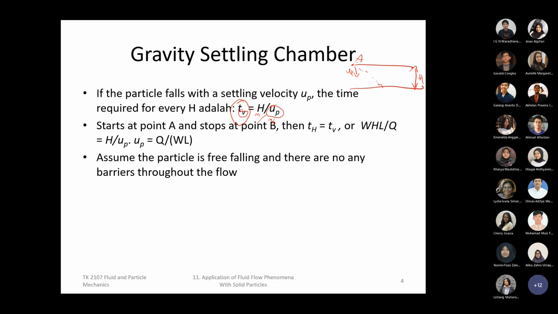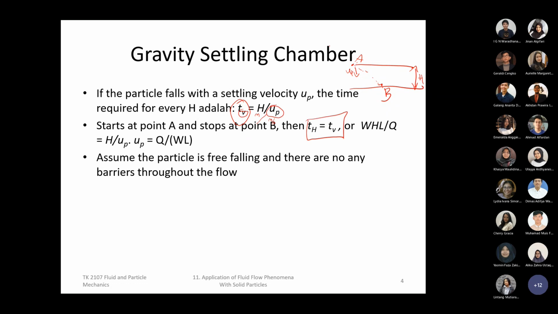So if we want to make sure that particle A can settle at point B before it exits the chamber, at least we have to make sure that T horizontal is equal to T vertical.